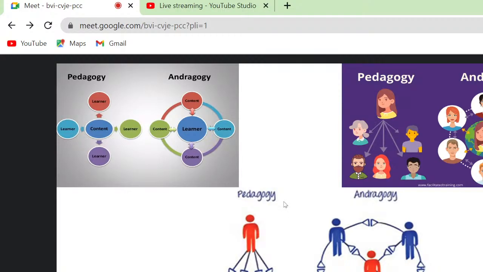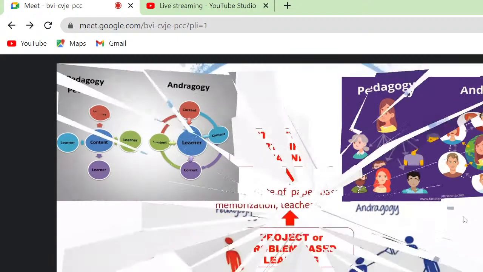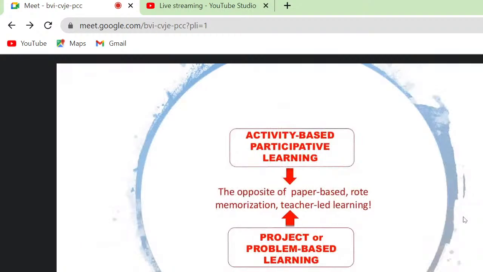So which is going to give you more result? The second one, of course. So it is nothing but activity-based participative learning, projects or problem-based learning, which ultimately leads to andragogy.